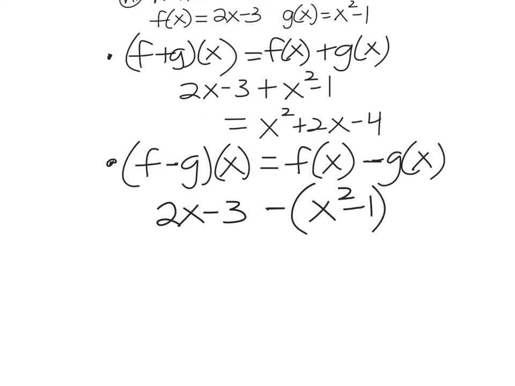And when you do that, you want to distribute that minus sign to all the terms in g of x. So I get a negative x squared. I get a plus 1 and a negative 3. My 2x is right there, and so I get negative x squared plus 2x minus 2.